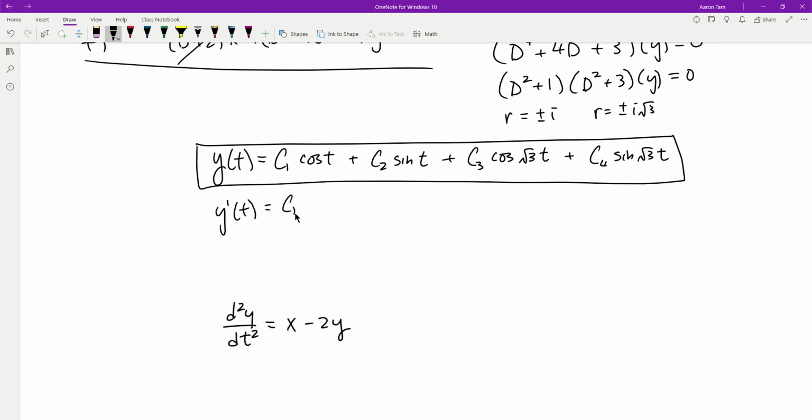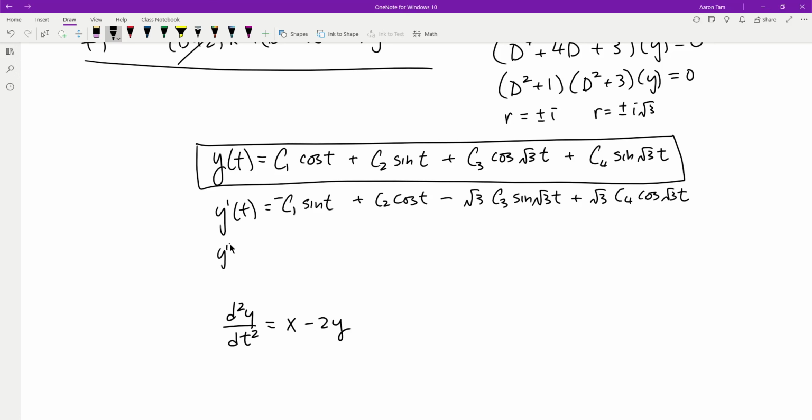So that will be negative c1 sine t plus c2 cosine t, actually negative radical 3 c3 sine radical 3t plus radical 3 c4 cosine radical 3t. So all the cosines turn into negative sine, and all the sines turn to cosine.